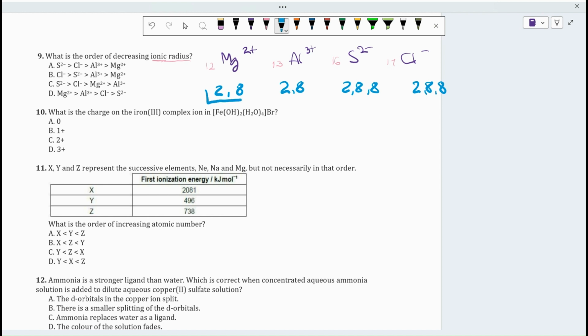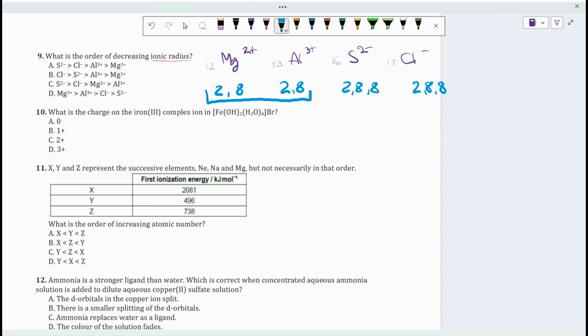So we know these will be smaller, but how do we rank them between each other? If aluminium has 1 more electron usually in its ground state, it also means it has another proton, 1 more proton than magnesium.